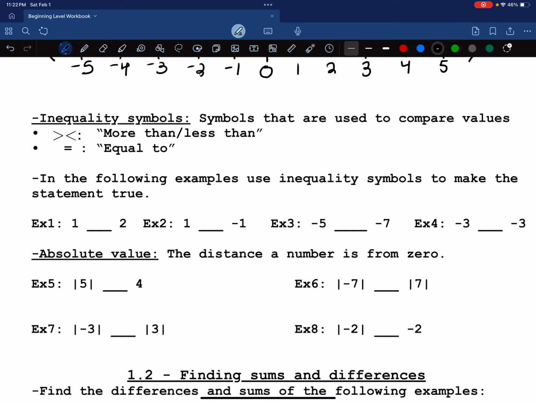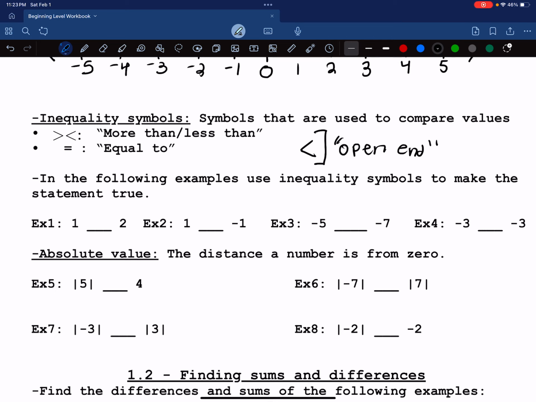And one thing I do want to point out before we get to work with some examples, on this end of an inequality symbol, I'm going to refer to that as the open end. Now, that's not an official definition, but I just like to use that side of an inequality symbol to describe how we orient inequality symbols when comparing values.